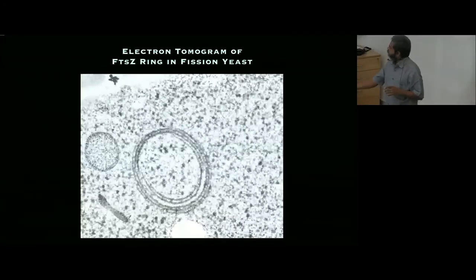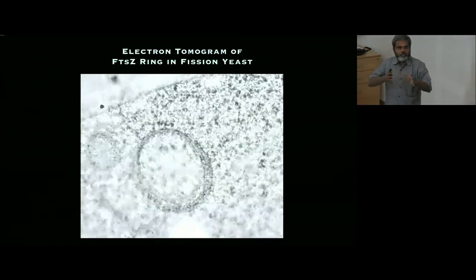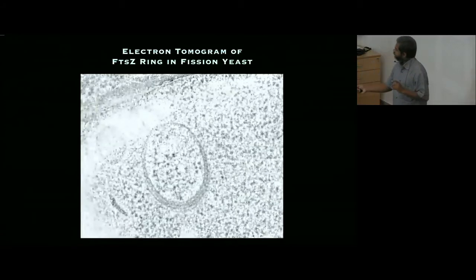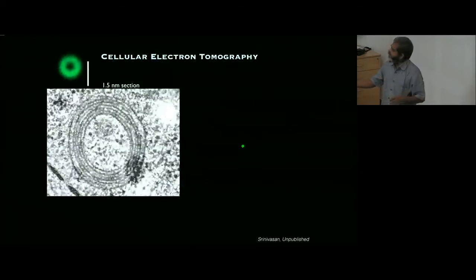What you see here in each of these black lines is the protofilament, which is 4 nanometers, and the entire ring consists of multiple protofilaments arranged laterally to each other. This may be more clear: this is just one section of that entire ring in EM. Each of these is a protofilament, and these are not concentric rings; this is just one section.